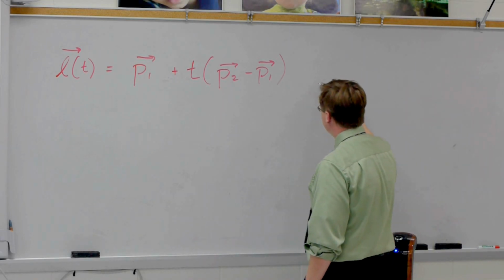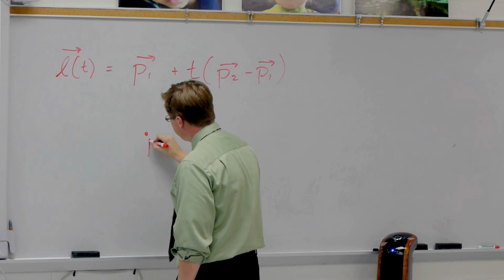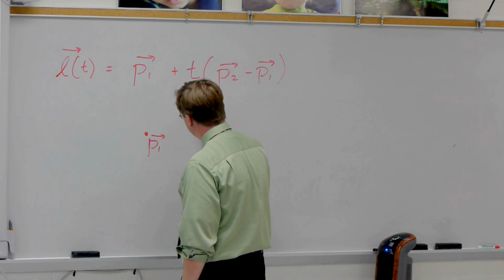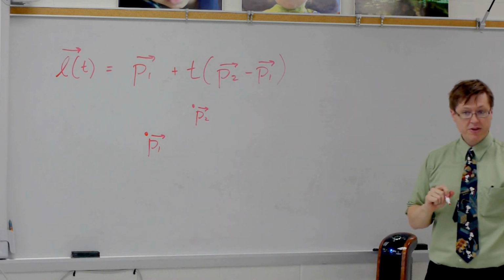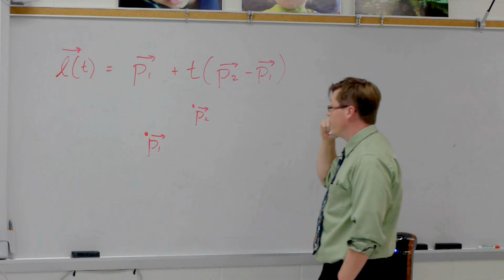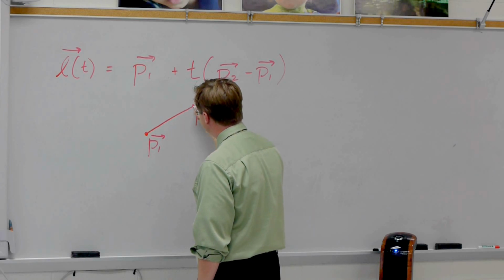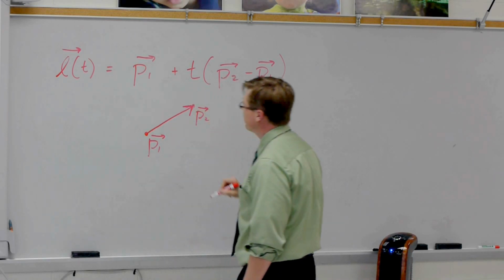And let's draw this as a picture. Right, this is a line that goes through 2 points. So there's P1, there's P2. P2 minus P1 is just the vector that goes between the two of them.